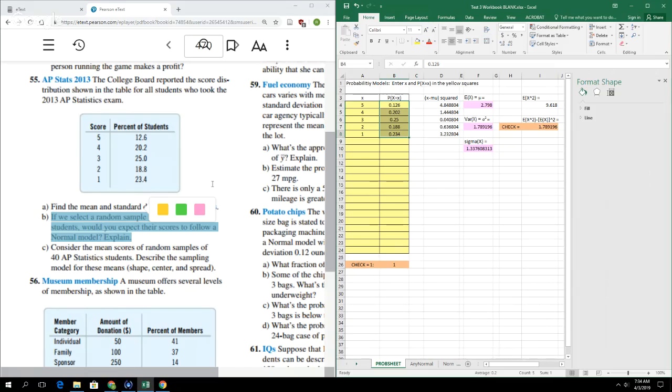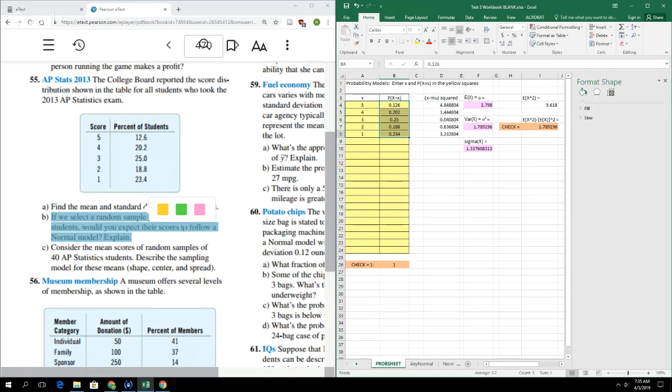If I was then to average the scores of this 40 student sample, I would then, of course, expect those averages, those means, to be normally distributed. And yeah, that's about the shape of it. Now let's think about the second question here.